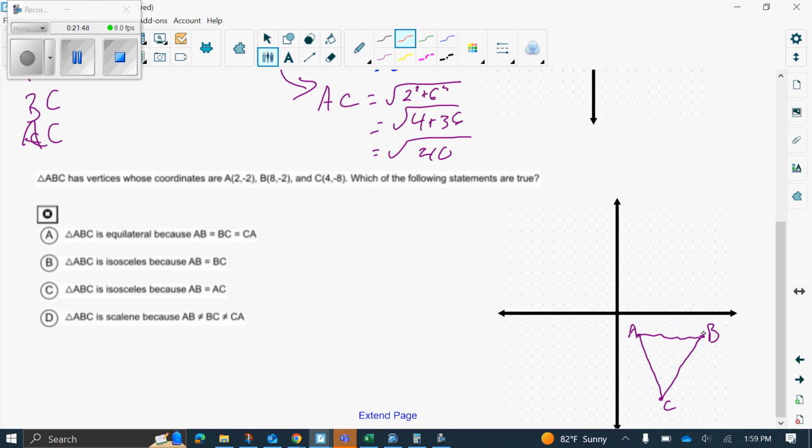So from A to B, can't really make a right triangle since it's a straight line, so we just count the distance. 1, 2, 3, 4, 5, 6. So AB is easy. AB is 6. So we move on to BC.